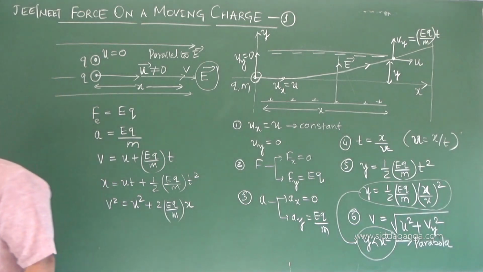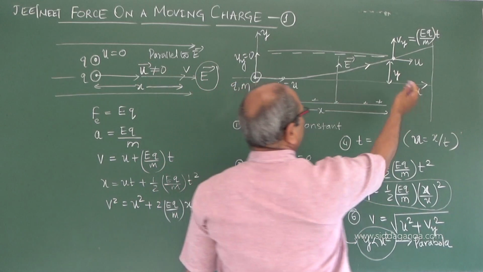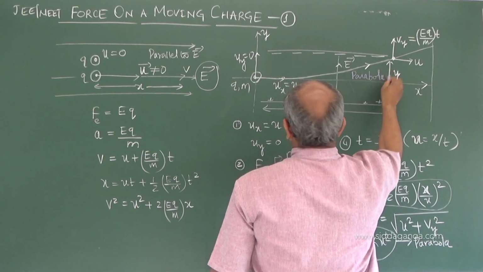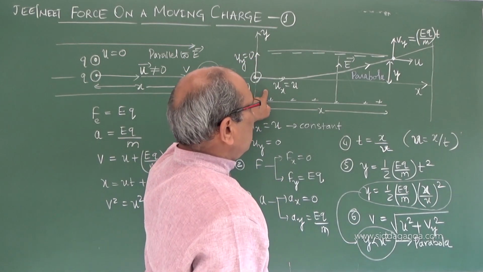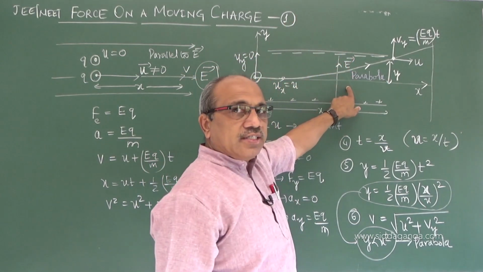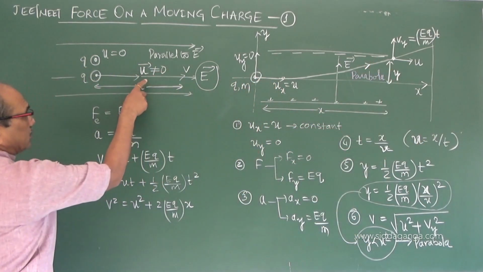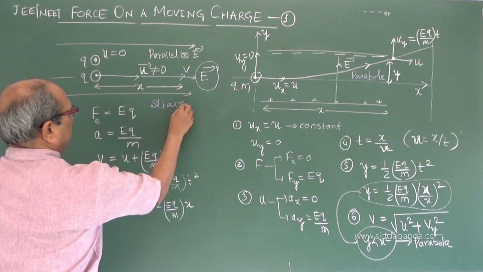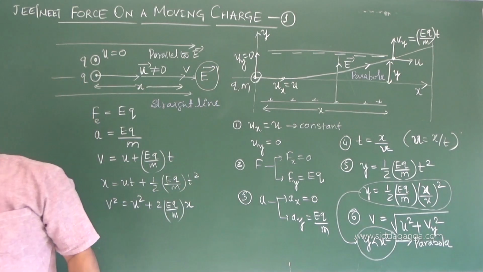The path that we get here, y proportional to x square, means that when the charged particle enters perpendicular to the electric field, its path inside the electric field is a parabola. Suppose it enters parallel, it is a straight line. So that is more clear.